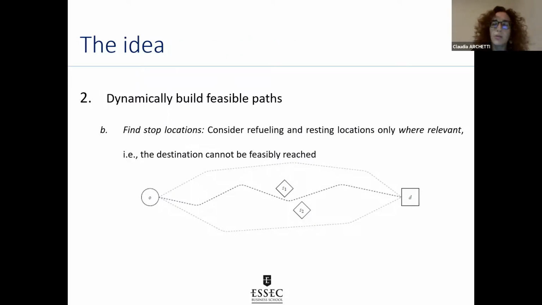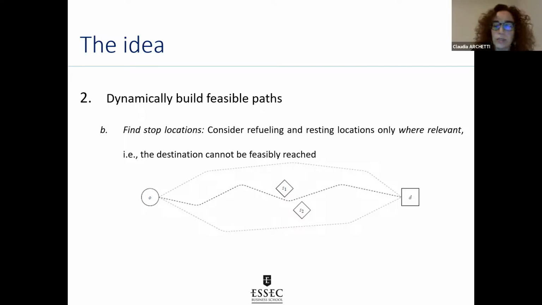And then we devise a procedure, which I will explain in more detail in a moment, to find stop locations. So when we need to stop, shortly before we run out either of fuel or of time, we call this procedure to determine the stop locations: either rest locations if we're running out of time, or refueling stations if we're running out of fuel.